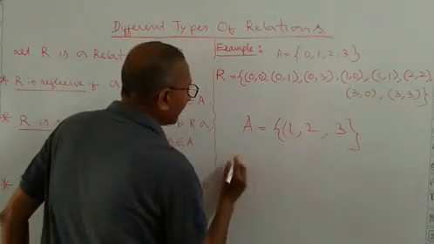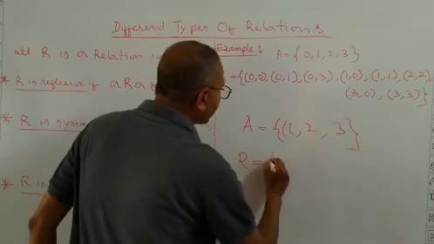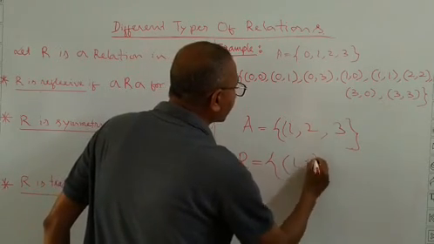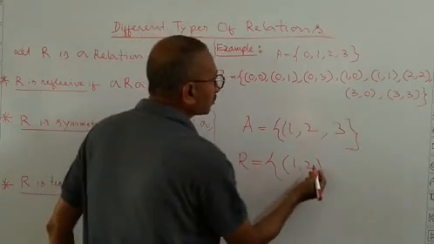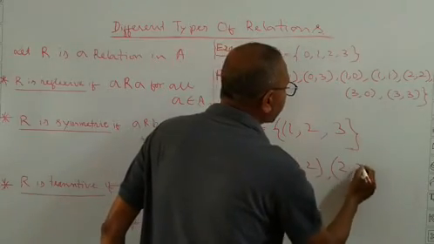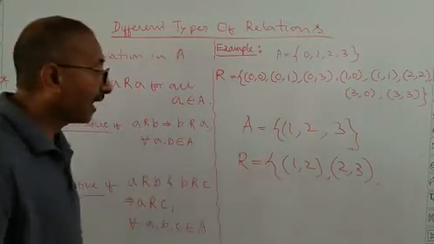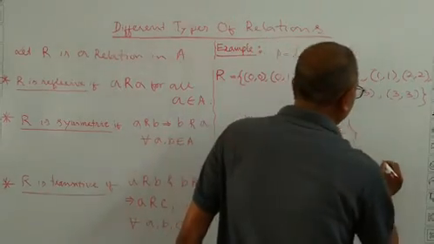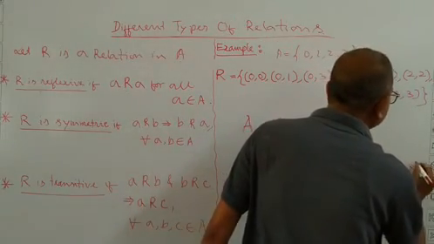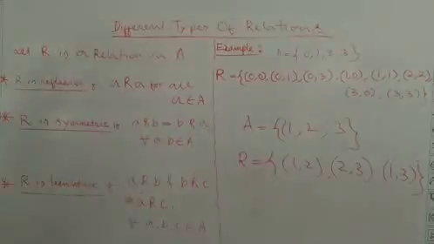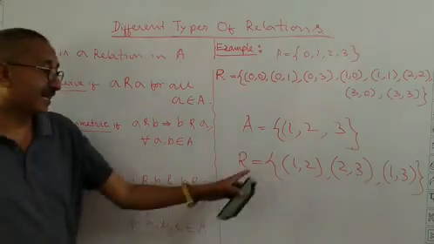Now, okay, let us take a relation. 1 is related to 2, 2 is related to 3. Now, if you are asked whether it is transitive or not.